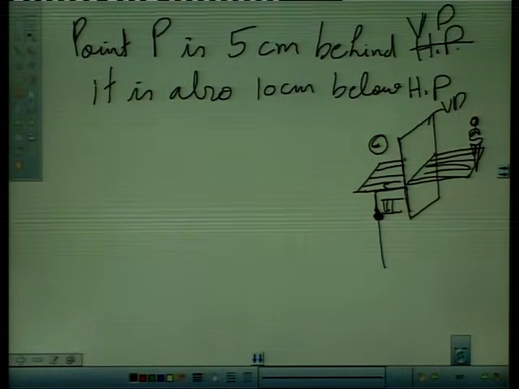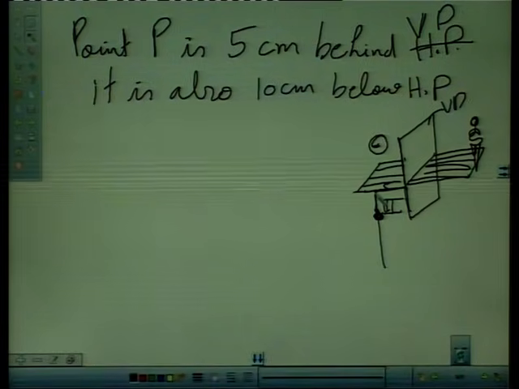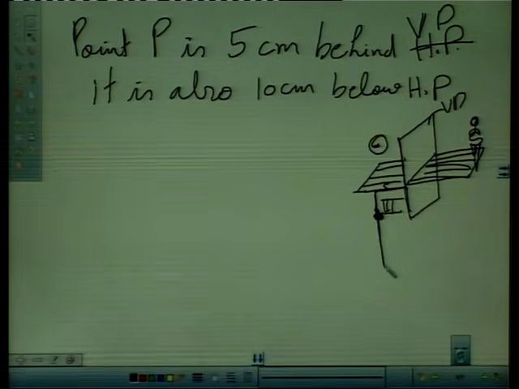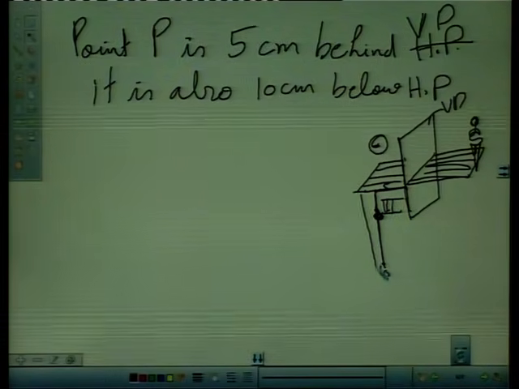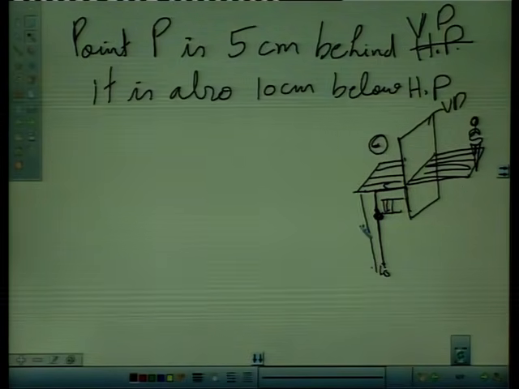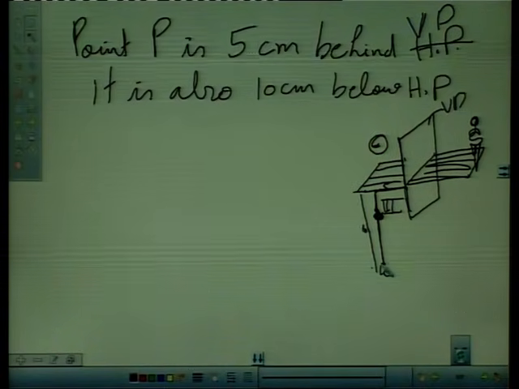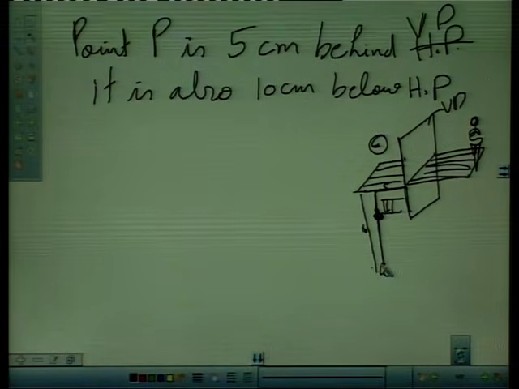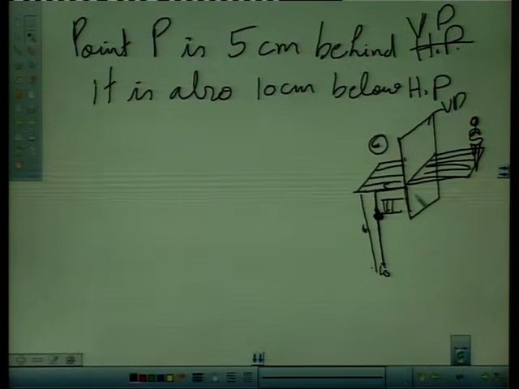Second, it is 10 centimeter below, means this distance is 10. So point is somewhere here. So when we draw its projection, this vertical plane will remain vertical by default parallel to the sheet.